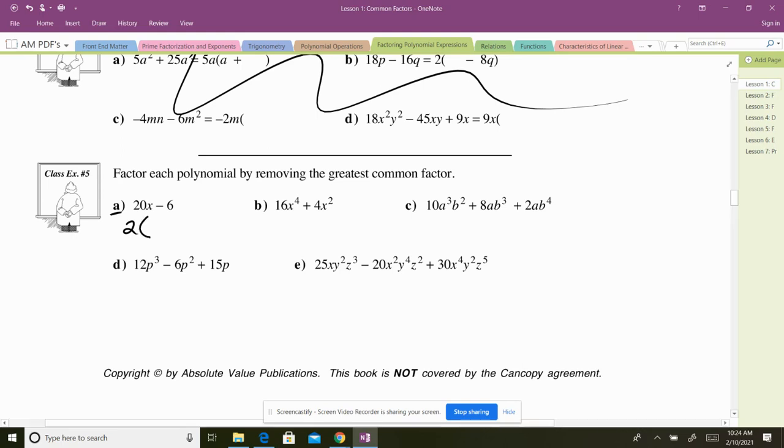And then get what's left inside the bracket, divide each term there, 20 and 6, by 2. So what's 20 divided by 2? 10 there. The x is still there because we didn't take it out. 6 divided by 2, 3. Or minus 3 in this case. So that is it factored. Because if I multiply the 2 in, do I get the original back? I'd get 20x minus 6.